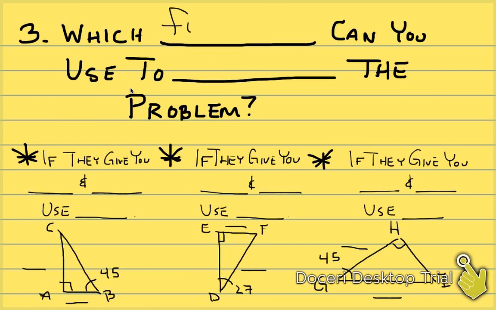Which function, as in sine, cosine, or tangent, can you use to solve the problem? That's what you need to ask yourself when you're looking at any one of these problems. When they only give you two sides, you have to label them opposite, adjacent, hypotenuse, and figure out what you're going to use.